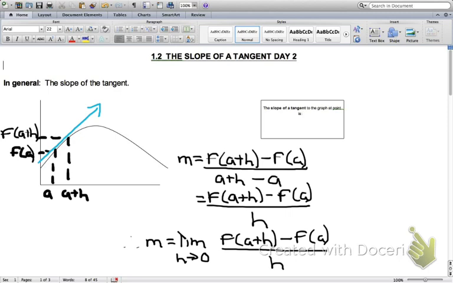The slope of a tangent to the graph at point A, f at A, is the limit of h approaching 0 of f at A plus h minus f at A all over h.